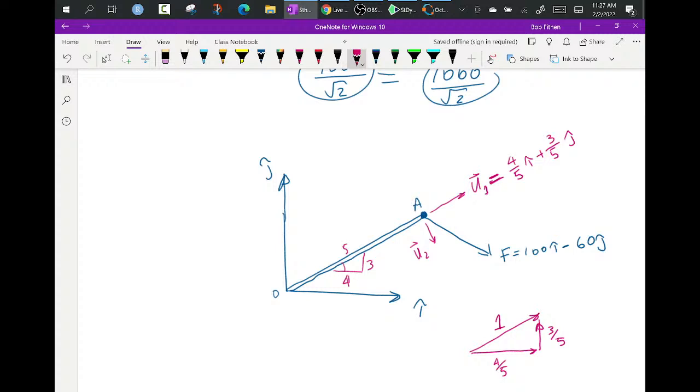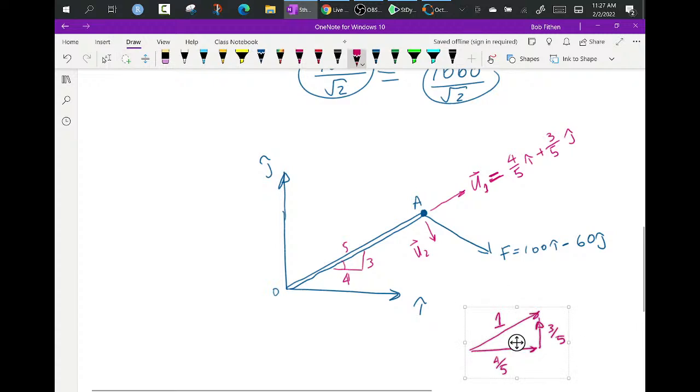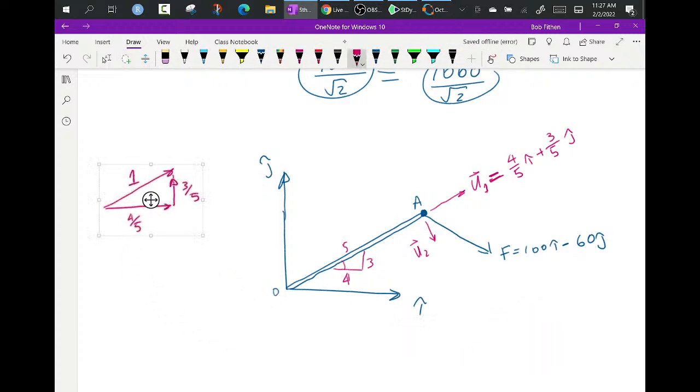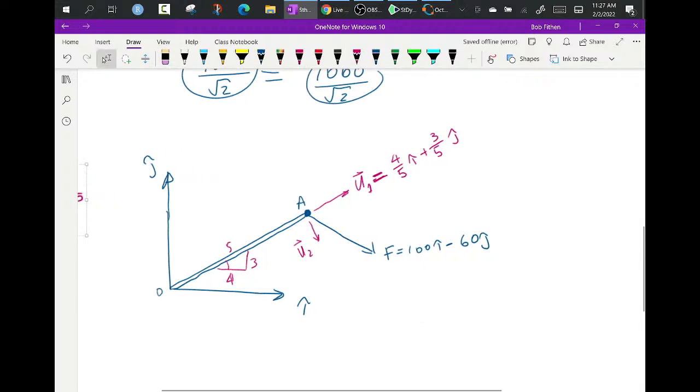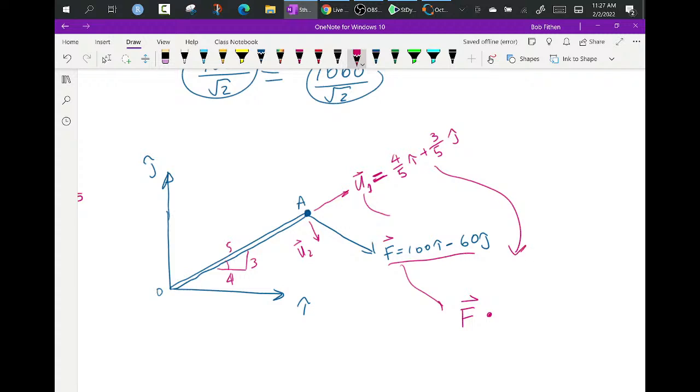Okay, so I want to get this part out of the way, so I'm going to move it over here. Now, if I want to know the force component going in this direction, what I have to do is take that force and dot it with this vector, which is of unit length. I just put a subscript 1 because it works the same either way. I may just go to a problem in the book. First of all, you can figure it's going to be in that direction.